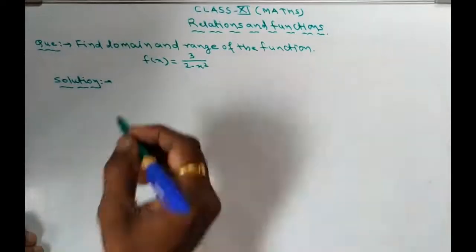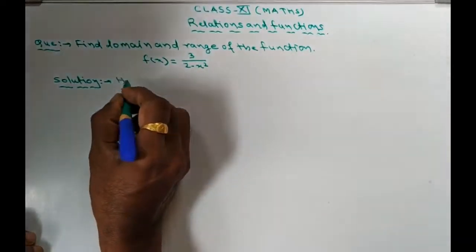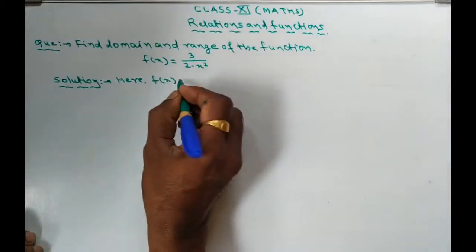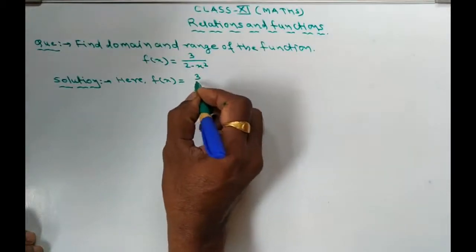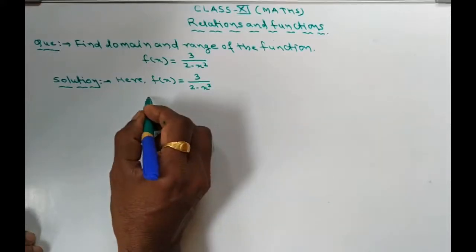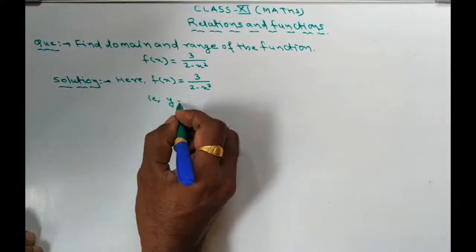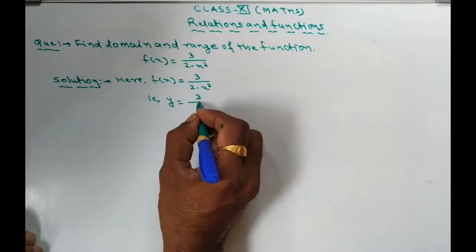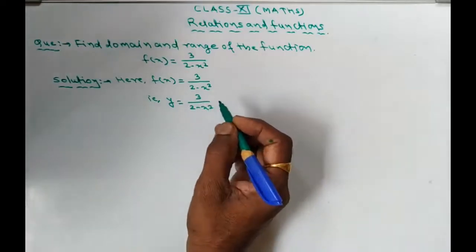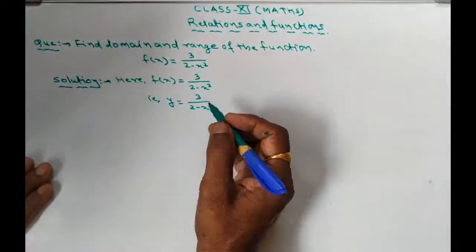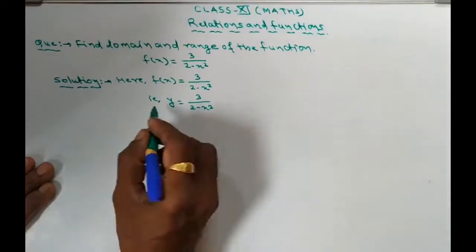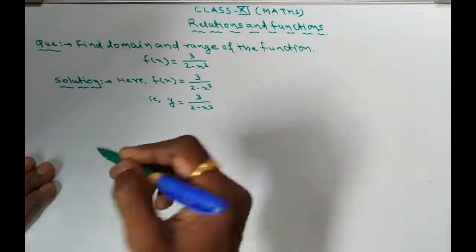Okay, so student, here function f of x equals to 3 upon 2 minus x square, this is given, that is y equal to 3 upon 2 minus x square. Now let us see how should be the range y. Let us find out that. So let us find out the value of x.